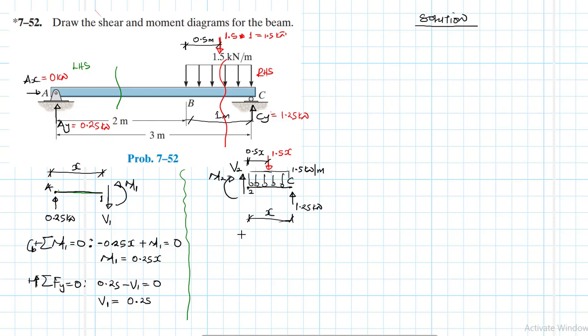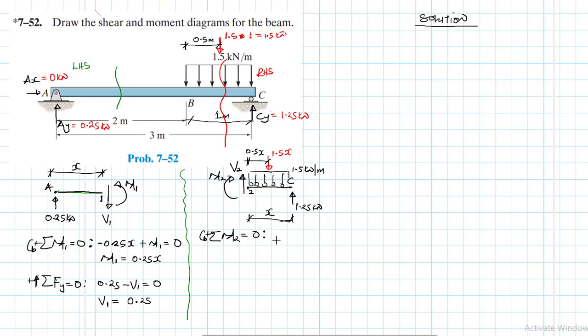Okay, so I think we have all the information. This is a second interval. So let's take moments about point 2. So summation of moments about point 2 equal to 0, and clockwise being our reference.